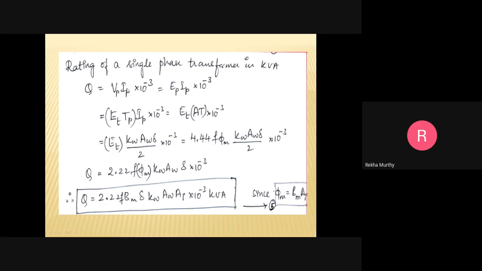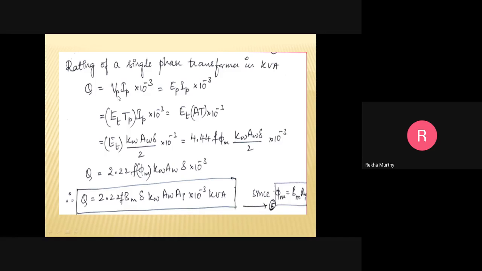You know that. What did I tell you is the basic formula? You have written the prerequisite formula, all of you. For Q, what have you written as the formula? V into I, into 10 to the power of minus 3.